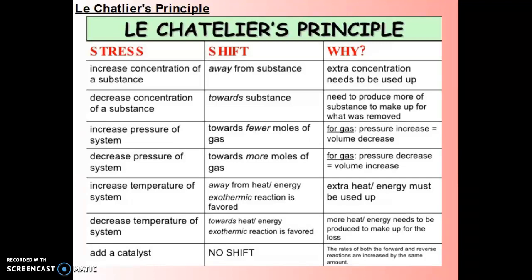You could increase the pressure or decrease it in a gas system, and you could change the temperature of the reaction. If you add a catalyst, that should not have any effect on the equilibrium constant, but it will affect how quickly your reaction can get to equilibrium.